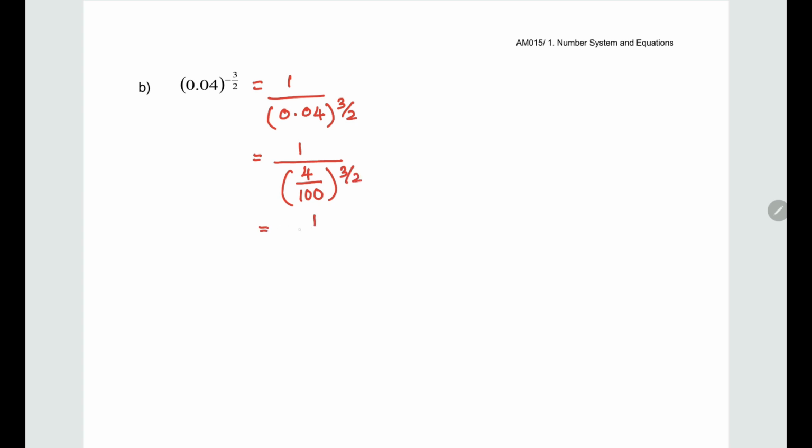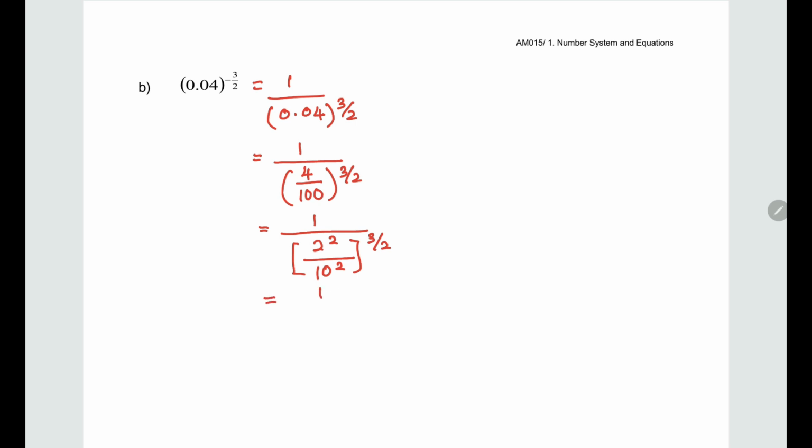Then we change 4 and 100 to the smallest base, so we get 4 is 2 squared, 100 is 10 squared, and then the power of 3/2.